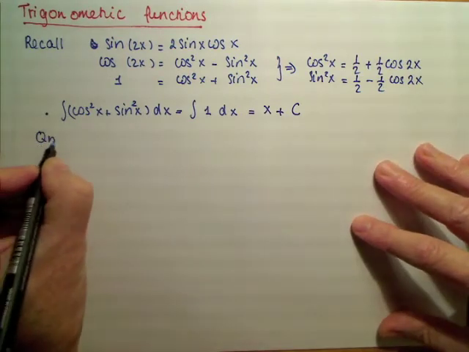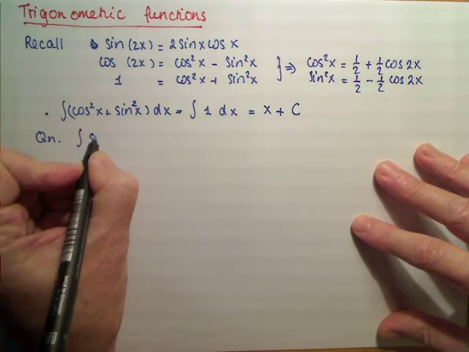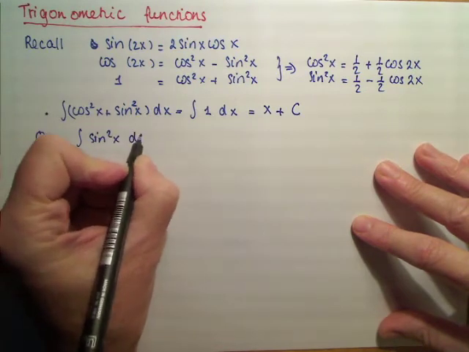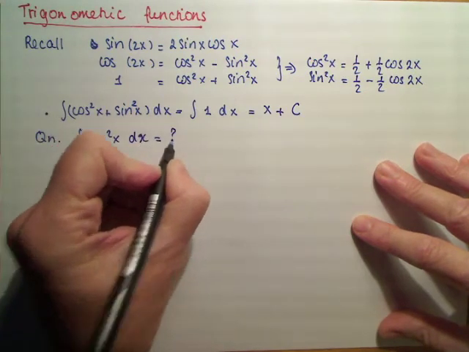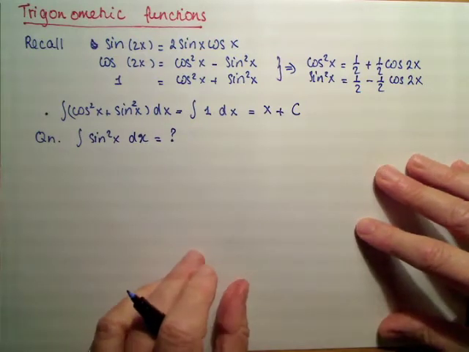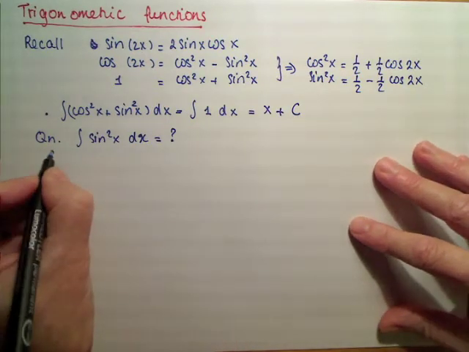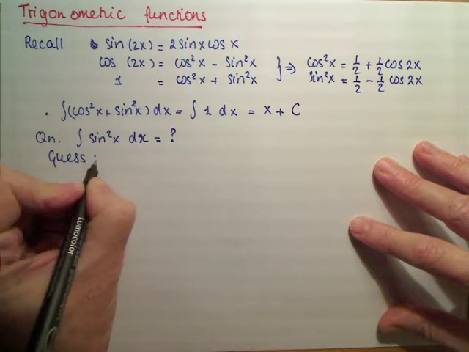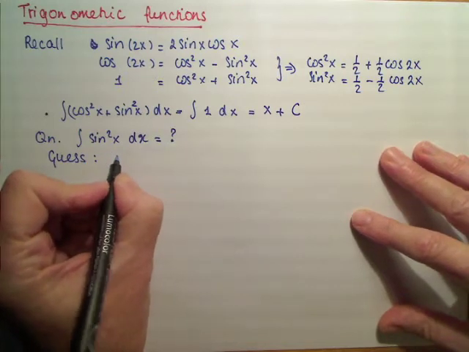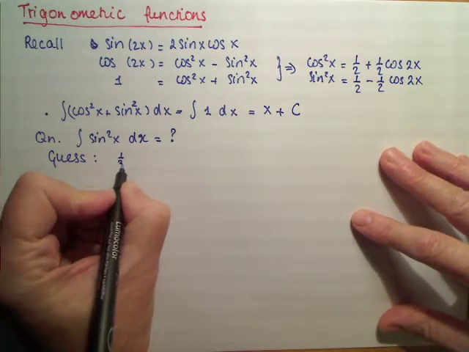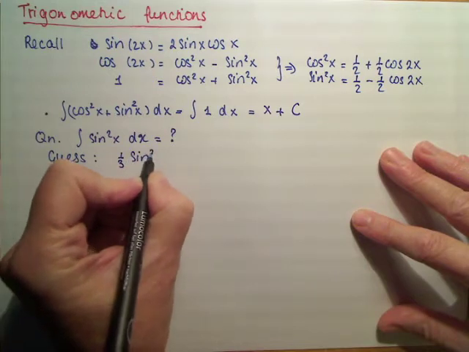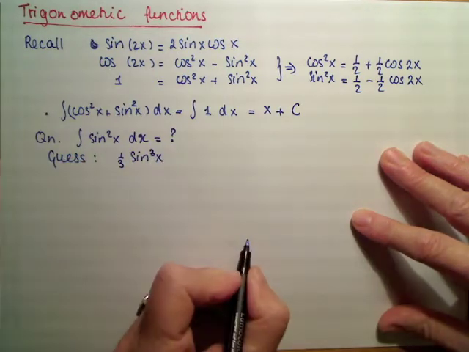Now what is more interesting is, of course, the primitive of sine of x squared. In principle, you would be tempted to think that that is equal to something which has to do with 1/3 times sine of x to the power 3.